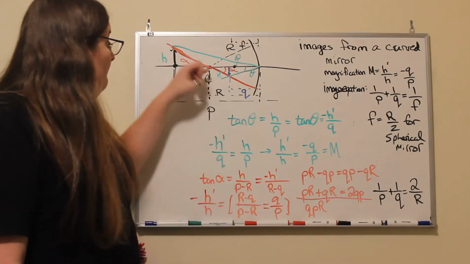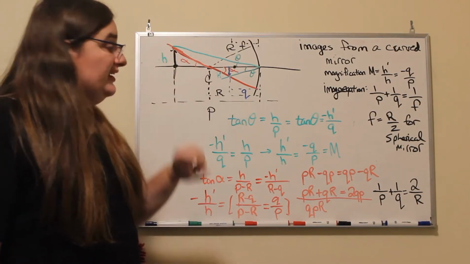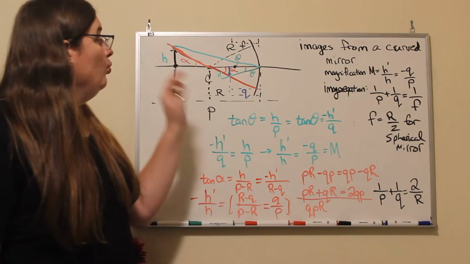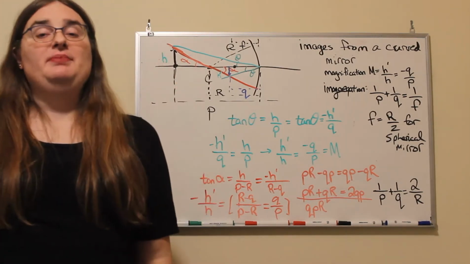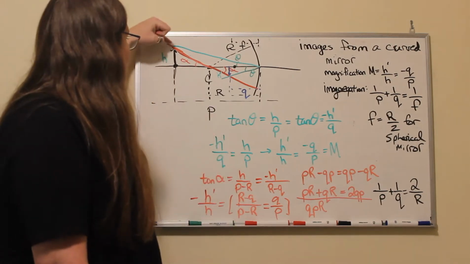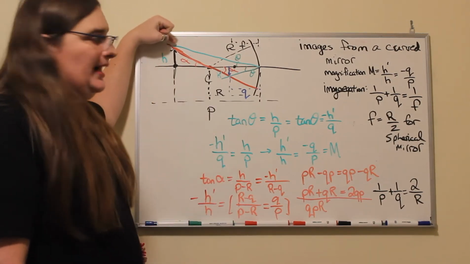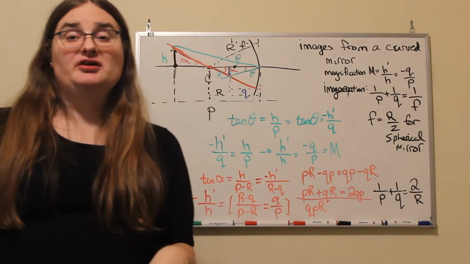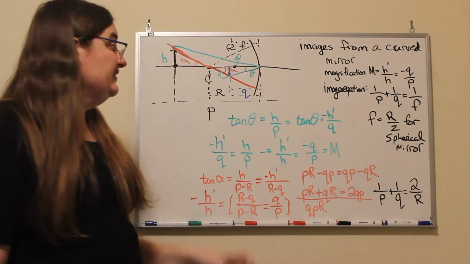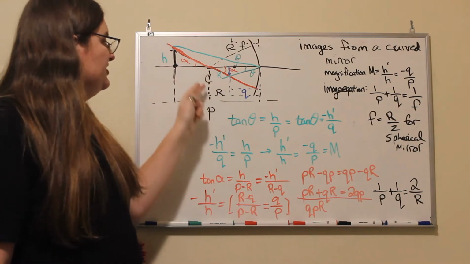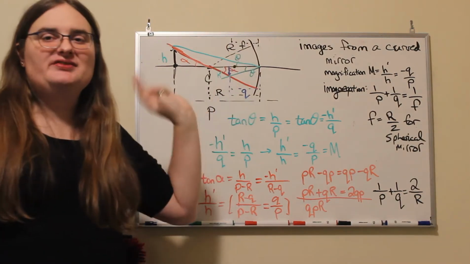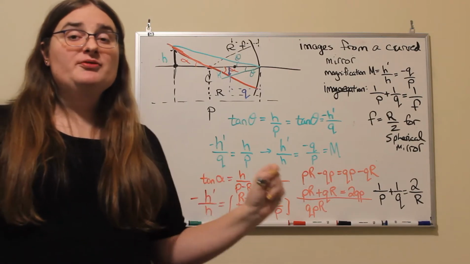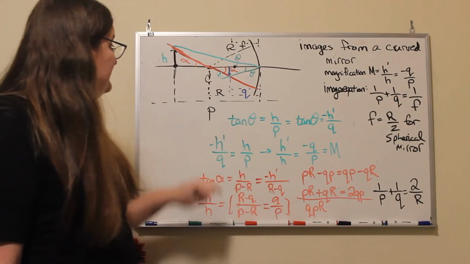Now, there are two easy things that we could calculate without having to worry about where the normal is going to be. One, we could take a light ray coming from the top of our object that passes directly through the center of curvature of our mirror, C. And the center of curvature is going to be exactly the radius of curvature, capital R, of the mirror away from the mirror on the principal axis.